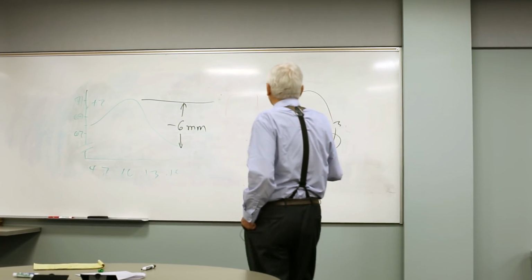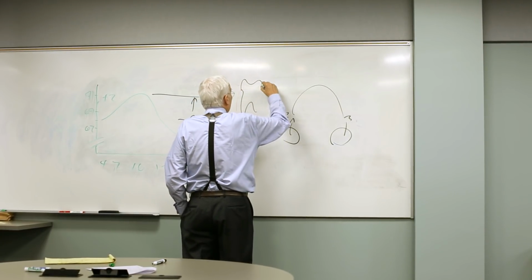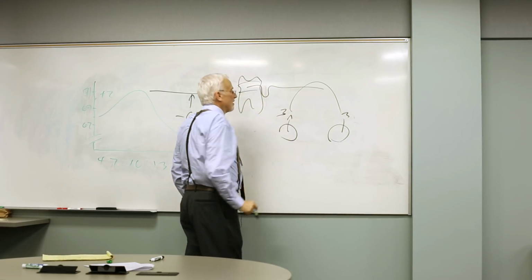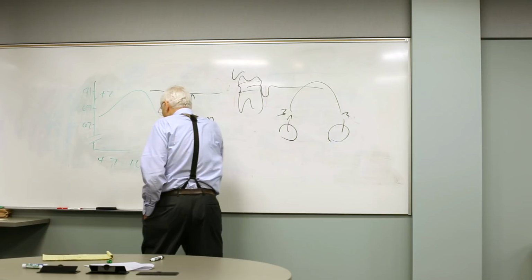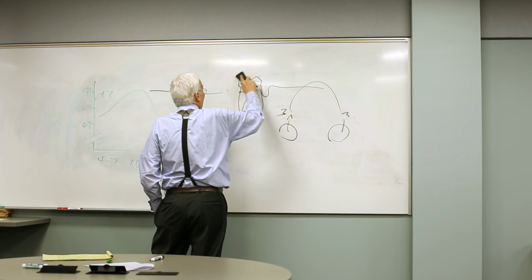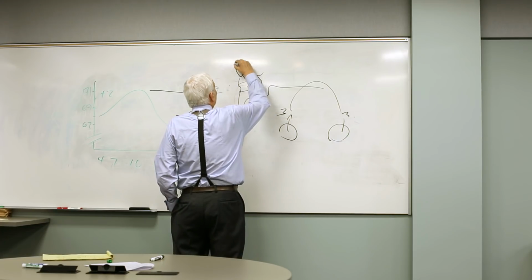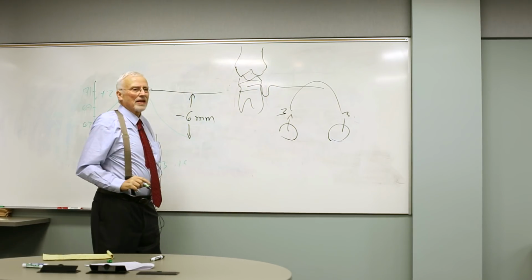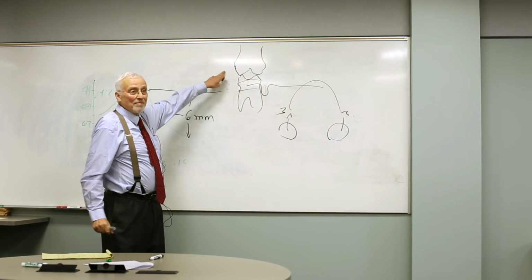How about I'll make it a loop lingual, and then up above, see, this isn't going to go forward, so it's not going to help you get a class 1.